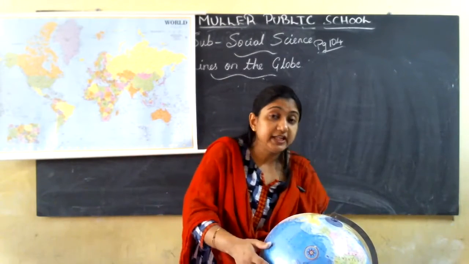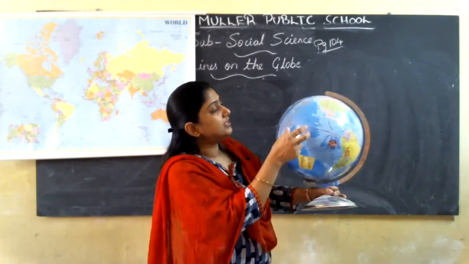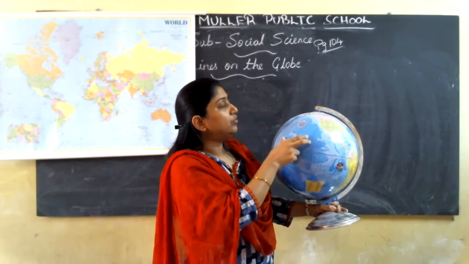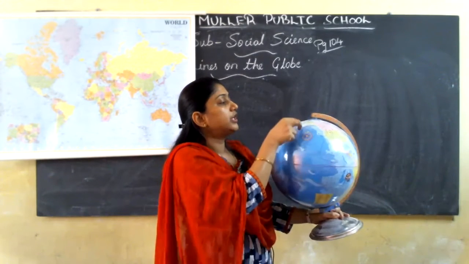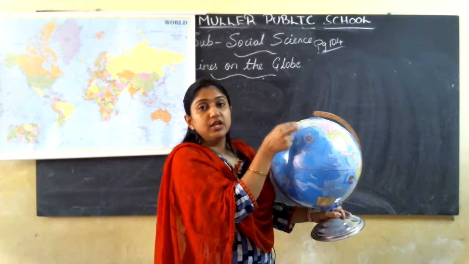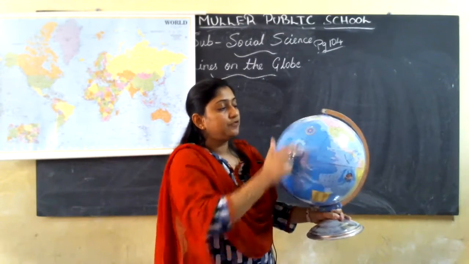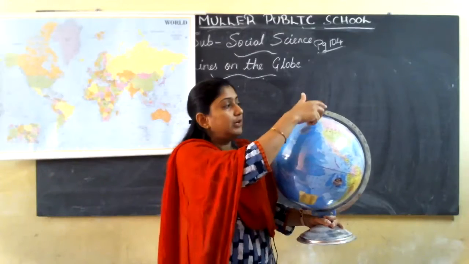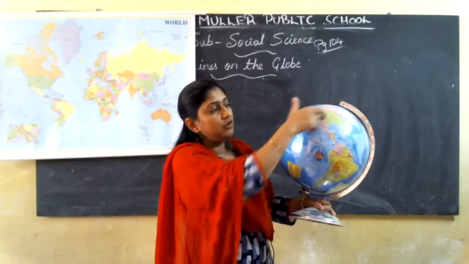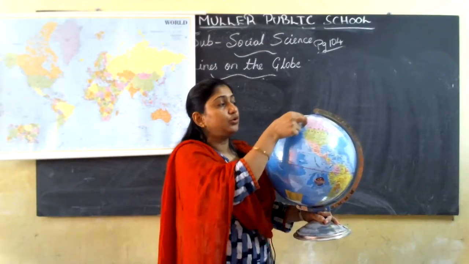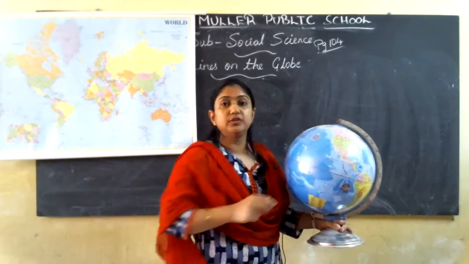Also the distance. See, the distance at the equator is the same, but when they move towards the poles, the consecutive distance between two longitudes reduces. It is not the same, but they are of the same length. From north pole to south pole, they are of the same length, but the distance varies as they move towards the poles.